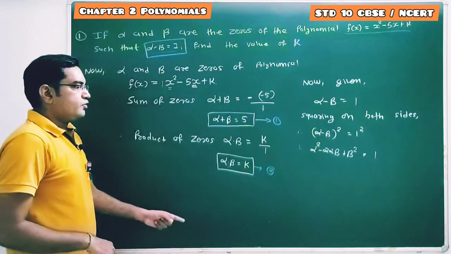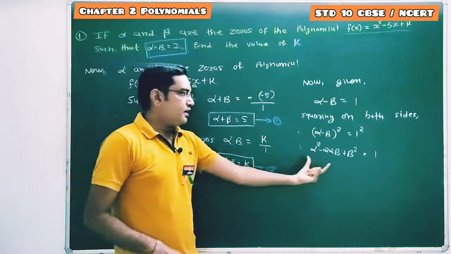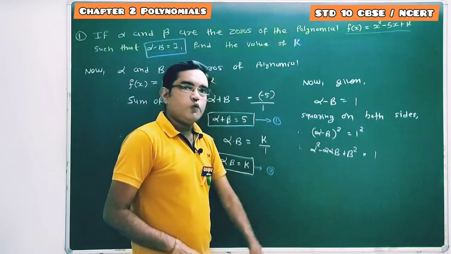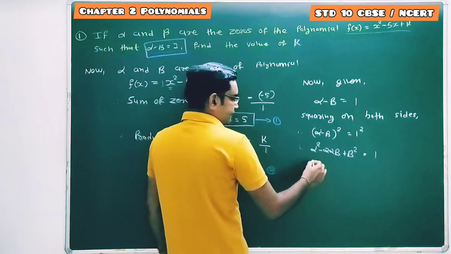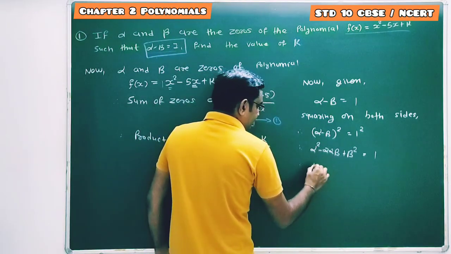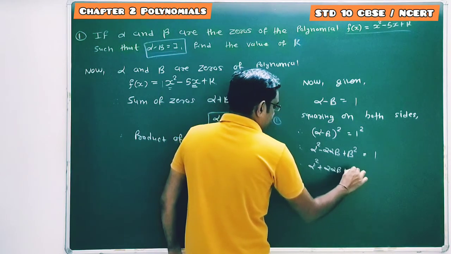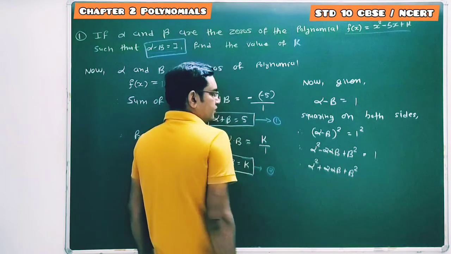Now here we have to use alpha plus beta because we are given alpha plus beta. So can we convert this expression alpha minus beta whole square into alpha plus beta? Yes. How? Here we can write this as alpha square plus 2 alpha beta plus beta square. Here minus 2 alpha beta is converted into plus 2 alpha beta.